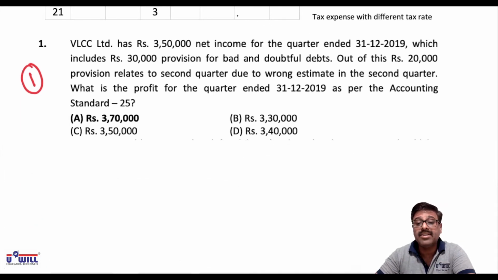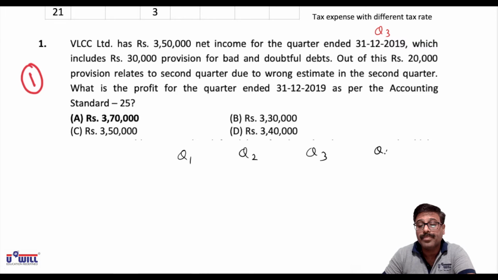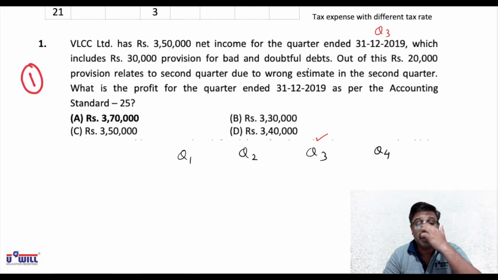Quarter ended 31/12/2009. That means December will be the third quarter. Okay, so if you all remember, we used to make these workings: quarter 1, quarter 2, quarter 3 and quarter 4. Now here the quarter in consideration is third quarter, which includes 30,000 provision for bad and doubtful debts.